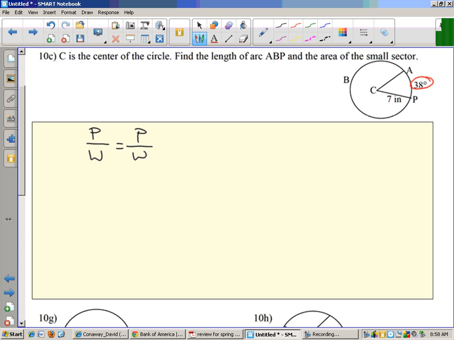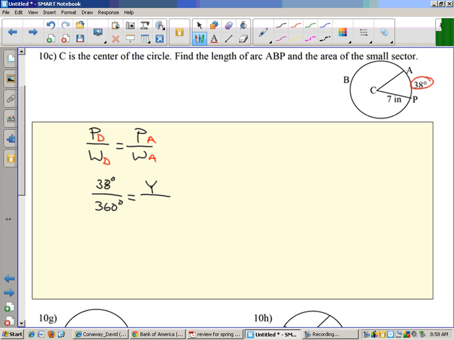Well, I always like to come back to what partials I have. One of them that I do have is 38 degrees. So if I do the partial degrees to the whole degrees, then I want to do partial area to the whole area. So when I write this, I'm going to get 38 degrees over 360 degrees equals the partial area, which we can call y in this case, since I already used x, over the whole area.